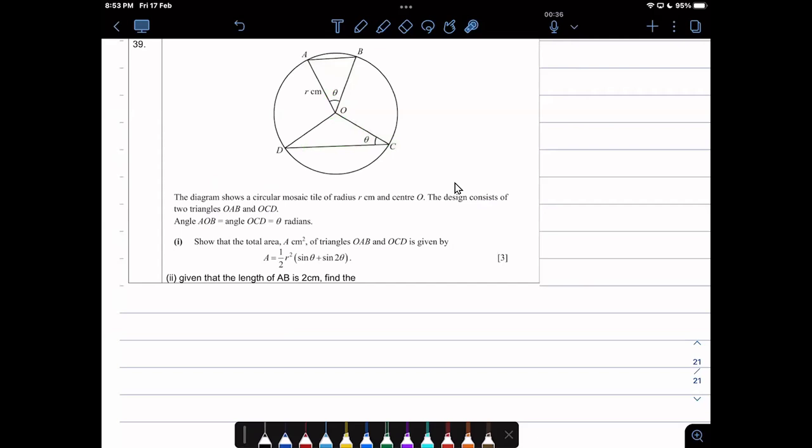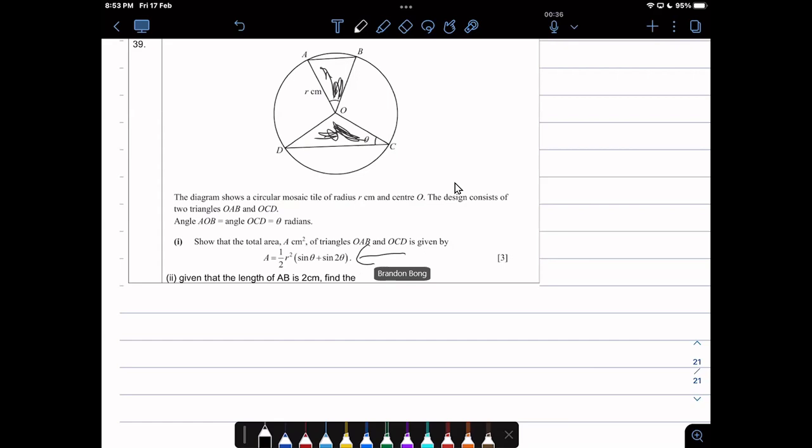Part 1. Show that the total area in cm square of the triangles OAB and OCD is given by that formula there. So the total area of this and this is given by this.